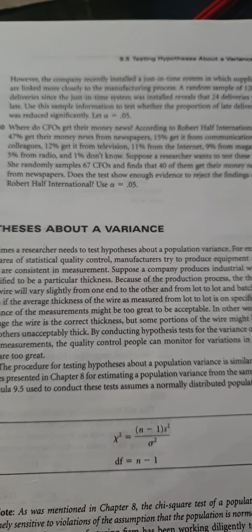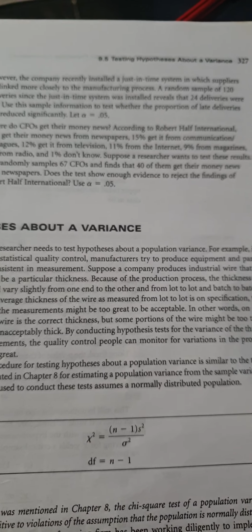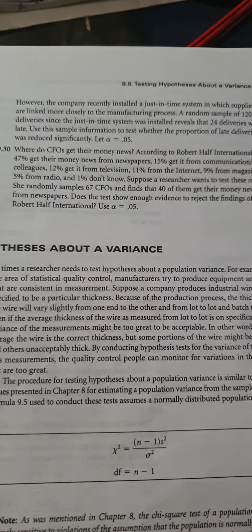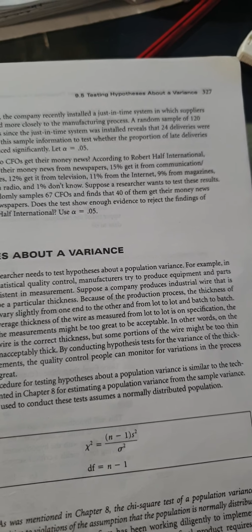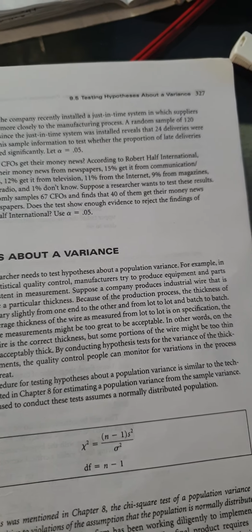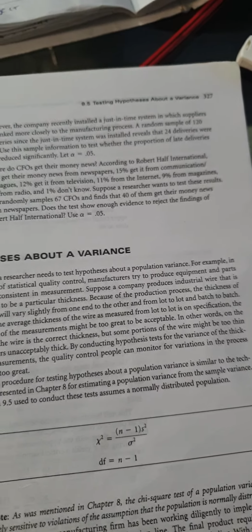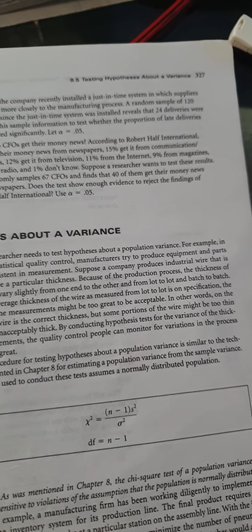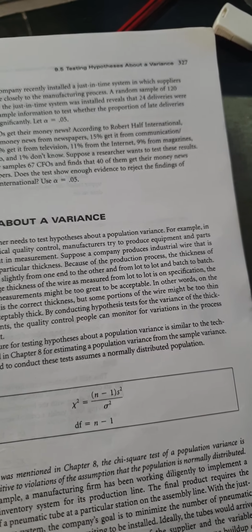Now the last: where do CFOs get their money news? According to Robert Half International, 47% get their money news from newspapers, 15% get it from communication or colleagues, 12% get it from television, 11% from the internet, 9% from magazines, 5% from radio, 1% don't know.